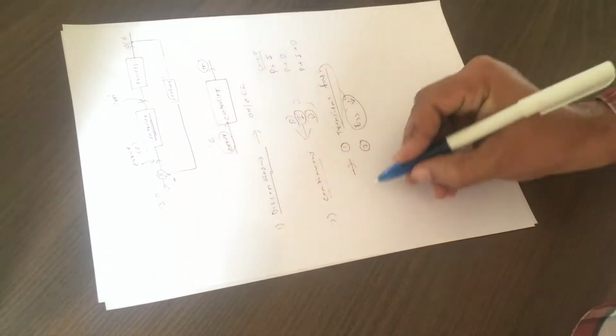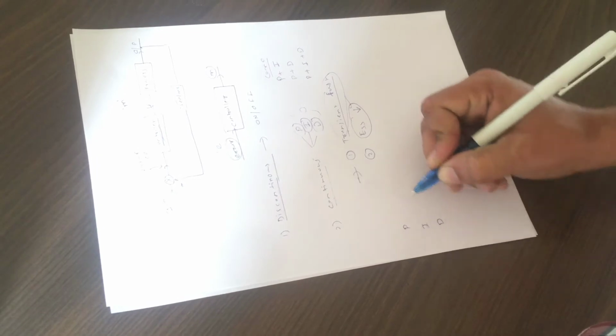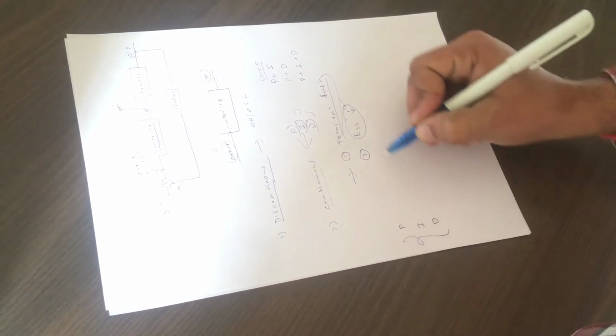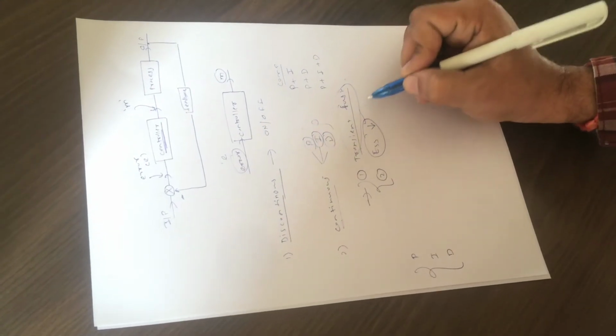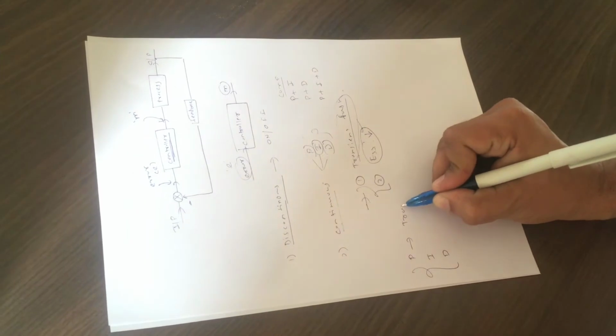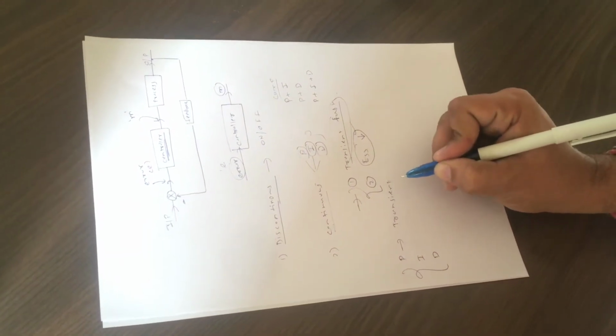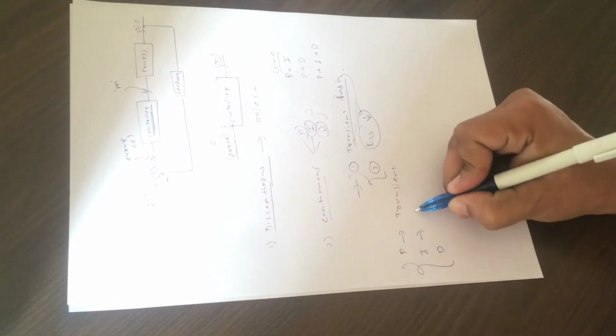Whatever the basic actions P, I and D are, they are related with these two parts, that is, transient and steady state behavior. So proportional is good in transient, that is, it requires less time to reach a final value. Integral is good in steady state.